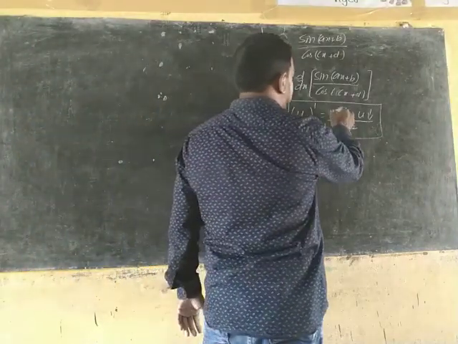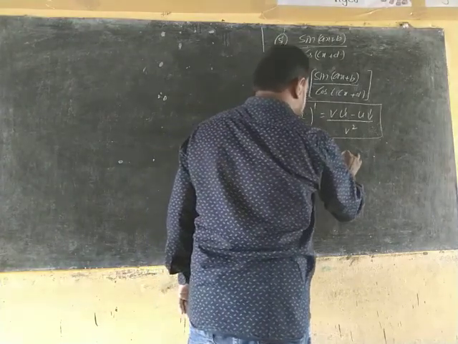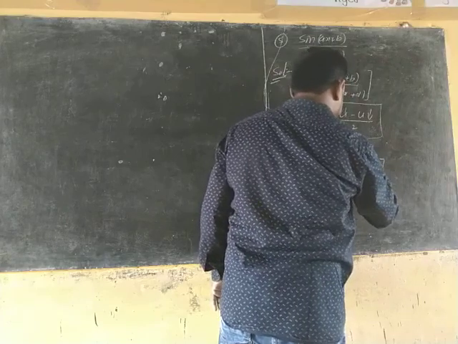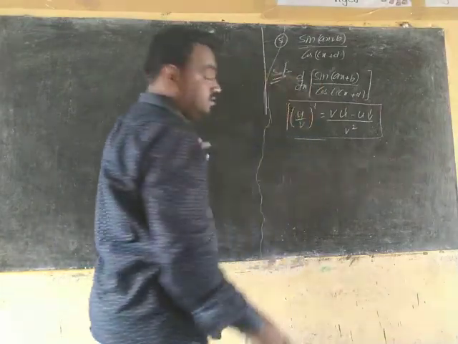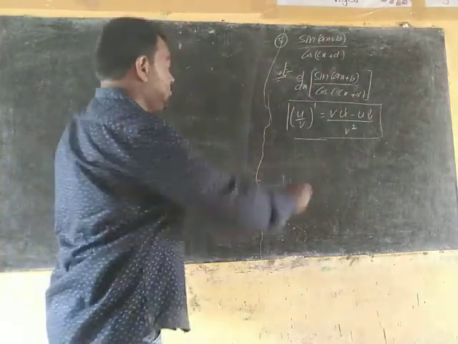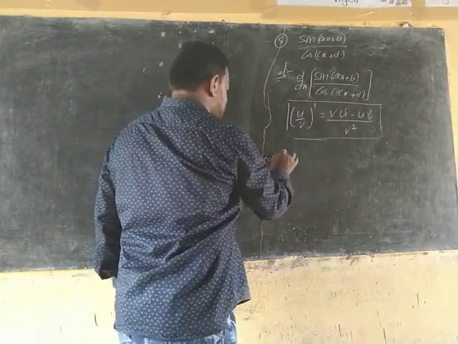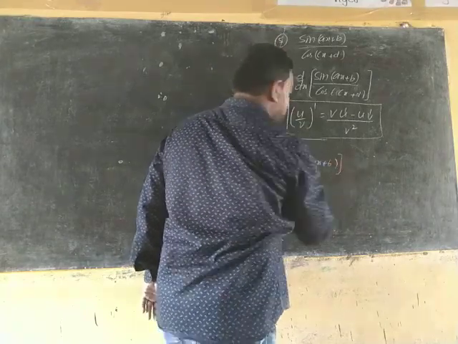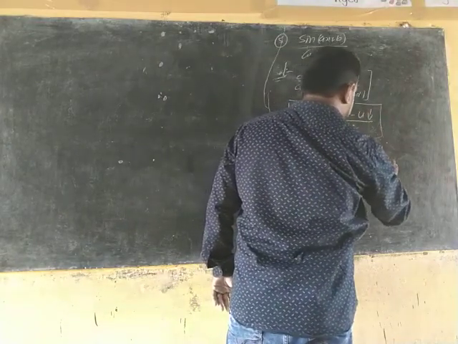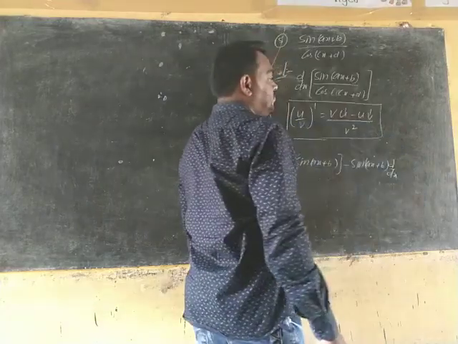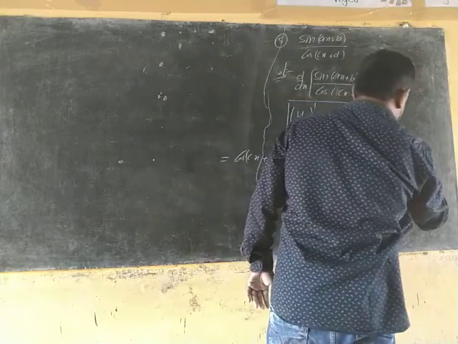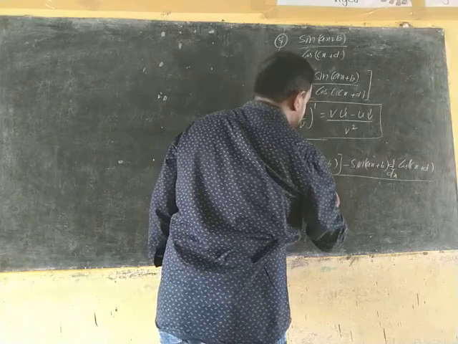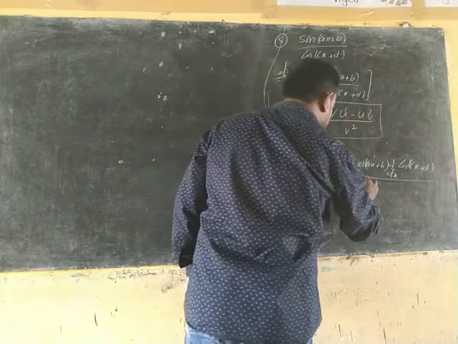This is equals to v, v means cos of cx plus d into d by dx of u, derivative of sine of ax plus b, minus u, sine of ax plus b, into d by dx of v, v derivative, v means here cos of cx plus d, by v square, cos of cx plus d whole square.